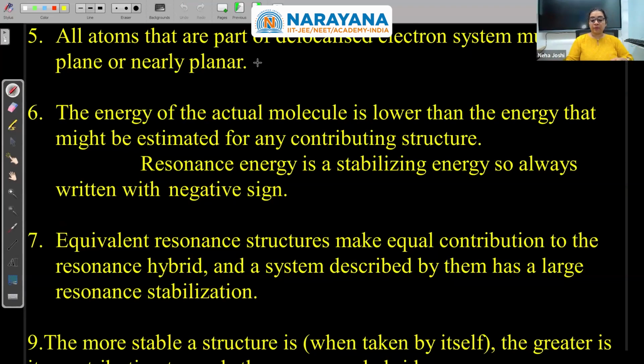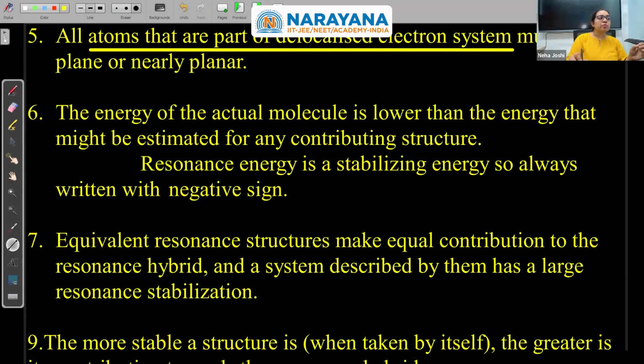All atoms that are delocalized, we just want that part of the molecule which is part of the delocalized electron system to be planar. We don't want the entire molecule to be planar. This is something that has to be very clearly placed in your brain. For example, I have CH3, CH double bond, CH single bond, CH double bond, CH2.